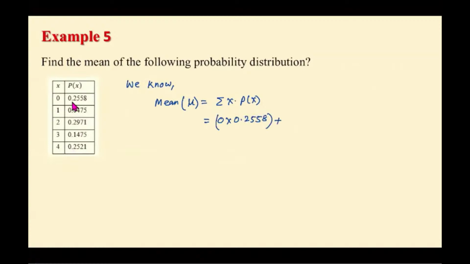Then plus the second one, which is 1 multiplied by that quantity, so 1 times 0.0475. And then plus the next one, which is 2 times 0.2971. We will continue to multiply like this.